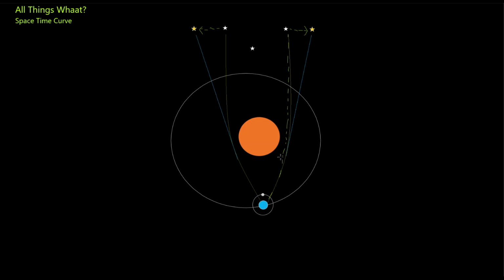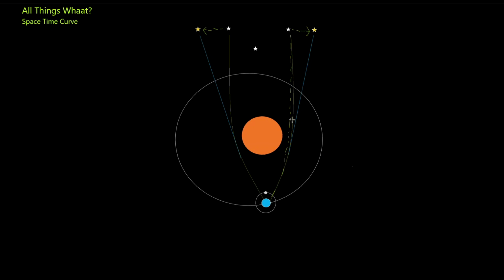So for us, when we look out, the star actually appears to be shifted away. Now this can only be possible because of this curve, and hence space is curved.